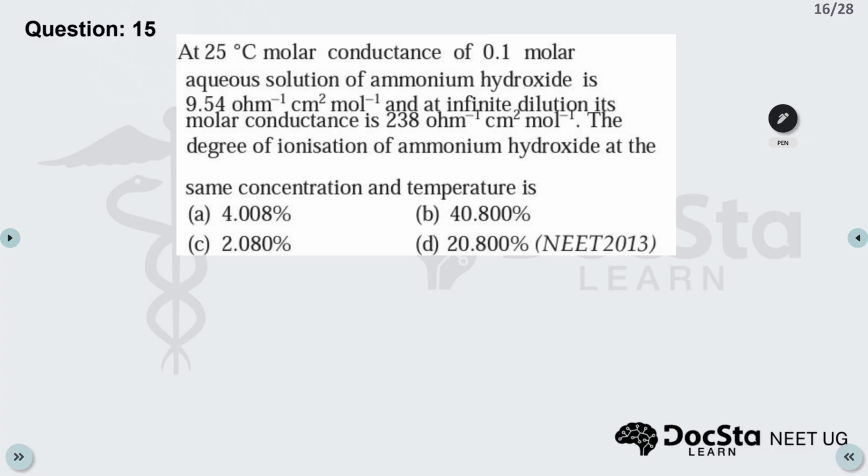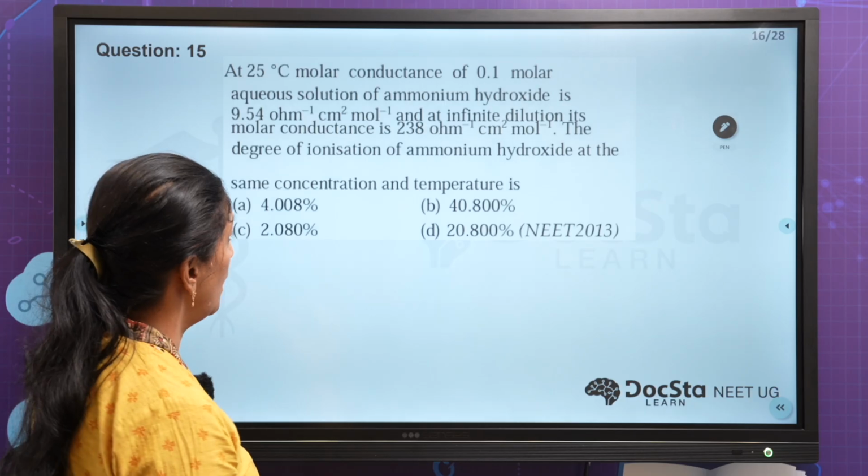The next question is: at 25 degrees Celsius, the molar conductance of a 0.1 molar aqueous solution of ammonium hydroxide is given, and at infinite dilution the molar conductance is 238. We are asked to find the degree of ionization of ammonium hydroxide.